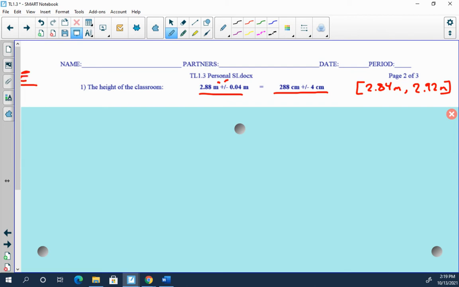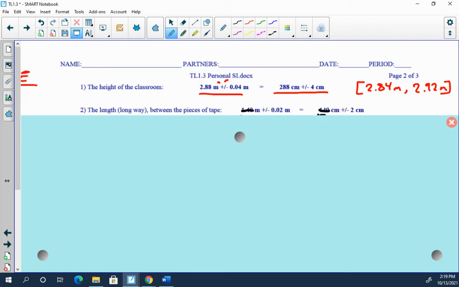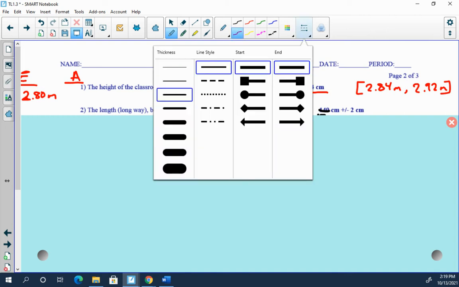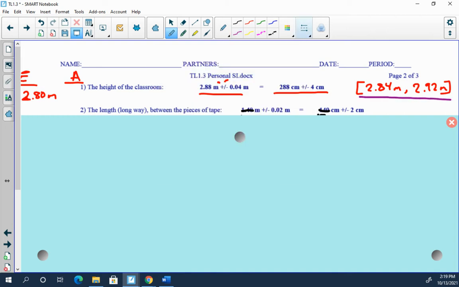Whatever your estimation is, let's go over a couple examples. Maybe your estimated height was 2.80 meters. Well, if that's the case, the actual height, I would like you to choose the number from this range that is closest to your estimate. Obviously, 2.84 from that range is the closest to your 2.80.